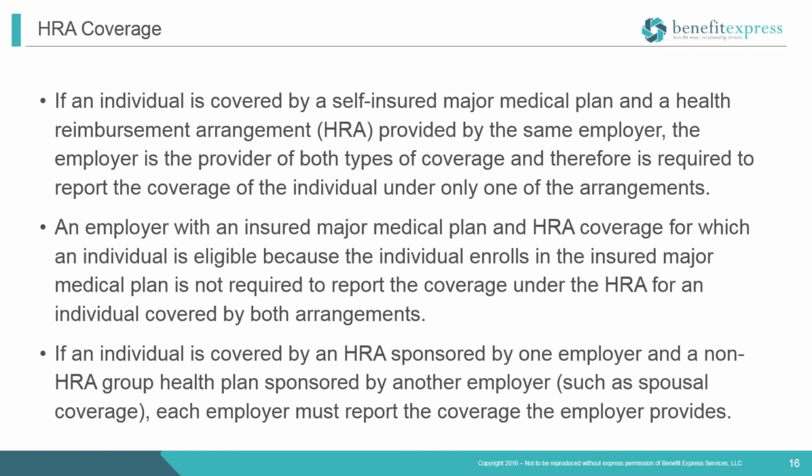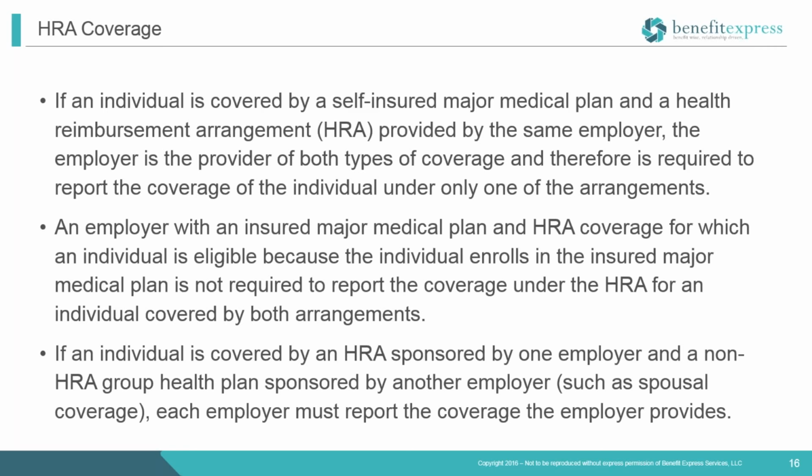Now, this slide talks about if anybody is sponsoring an HRA, health reimbursement arrangement. If you're an employer and it's sponsored, whether you are self-insured or insured, and it's integrated with a group health plan of yours, there's no separate filing for that HRA.